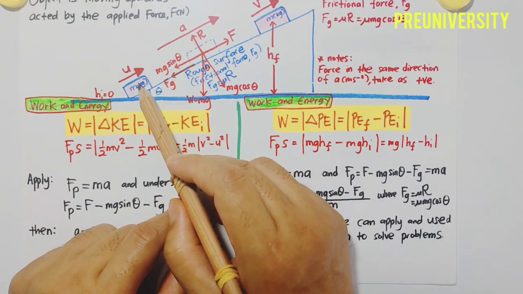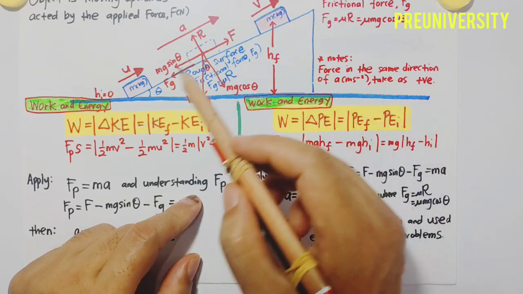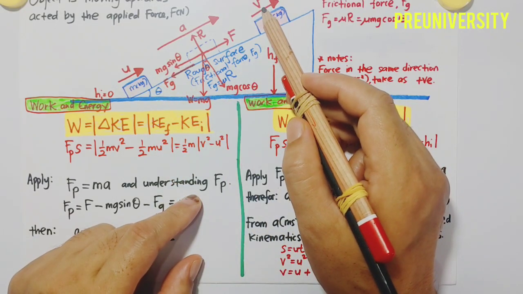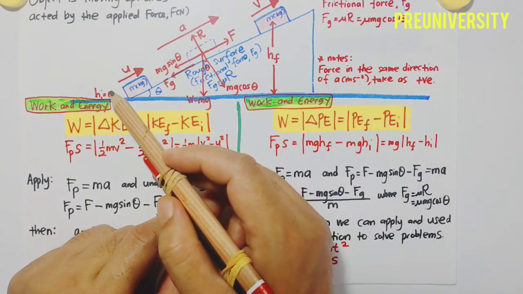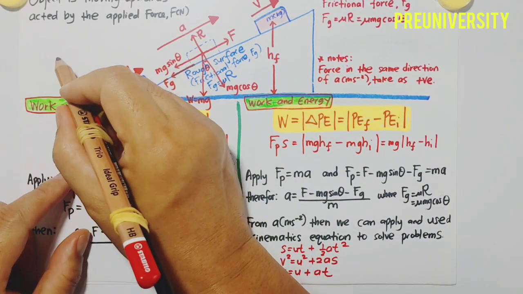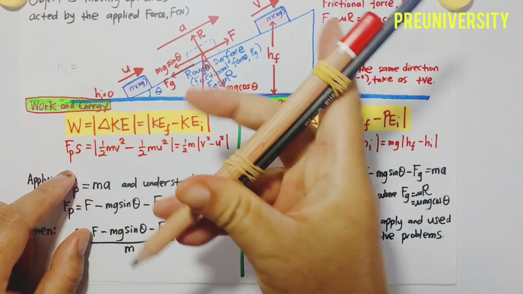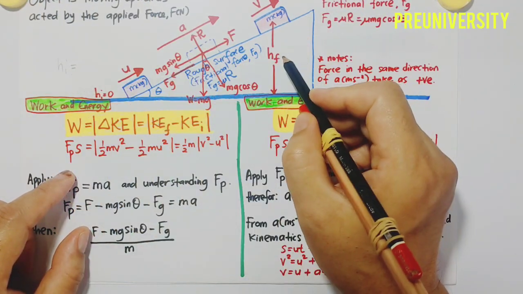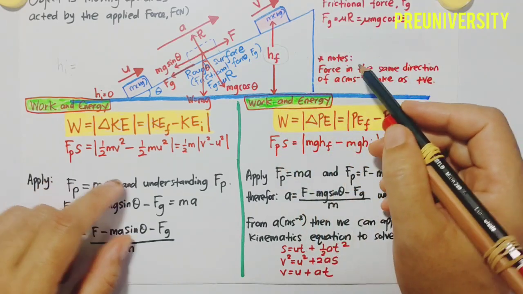From here it goes up to here. We have the initial velocity u and the final velocity v. We also have the height: h_i is your initial height, and h_f is the final height.